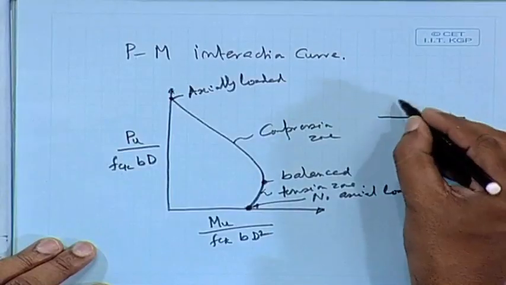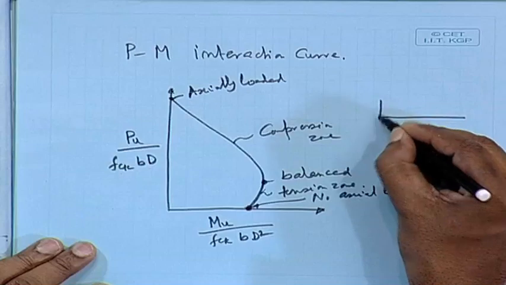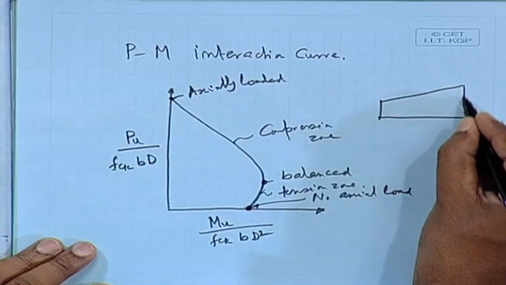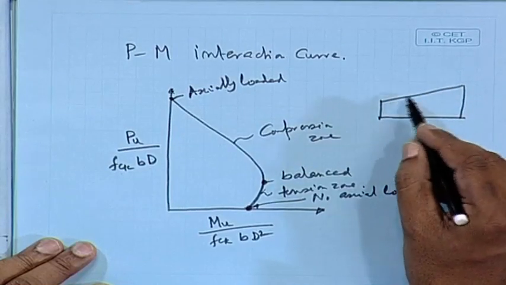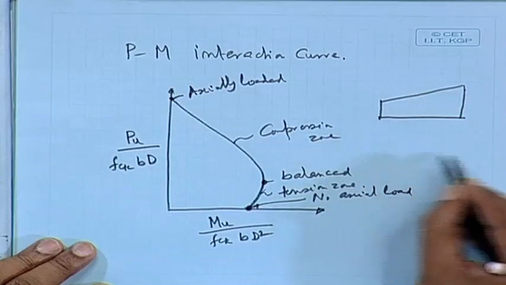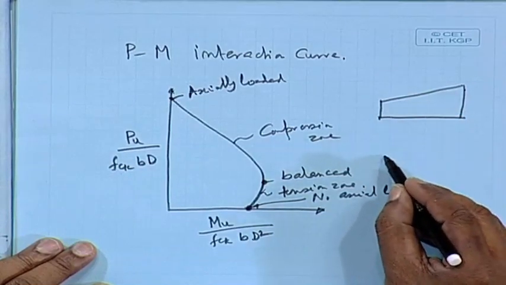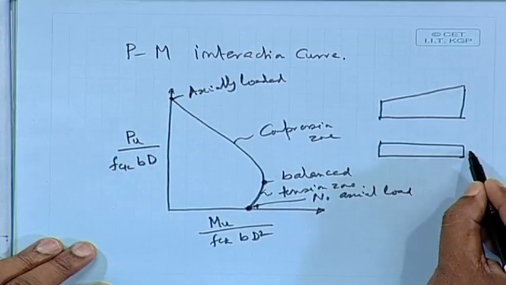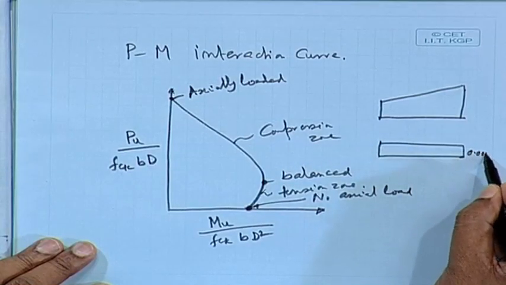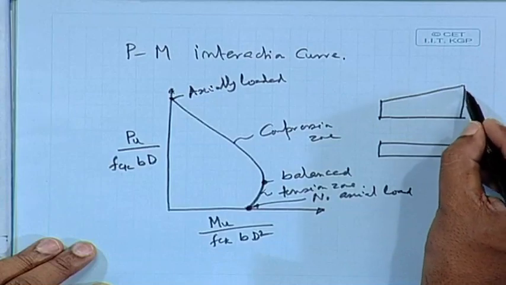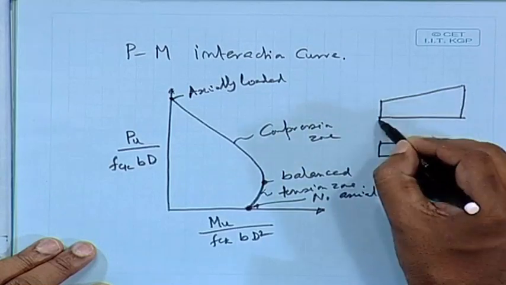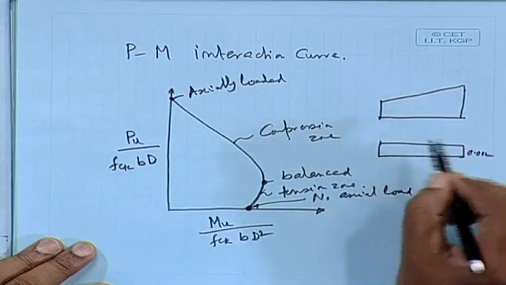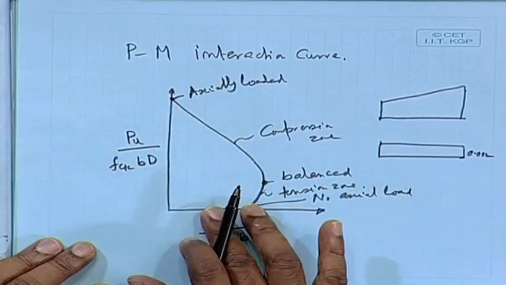There the strain distribution may go something like this, starting with 0.002, then somewhere you get 0.0035 minus 3/4 of this side. So, like that it will go. This is your interaction curve.